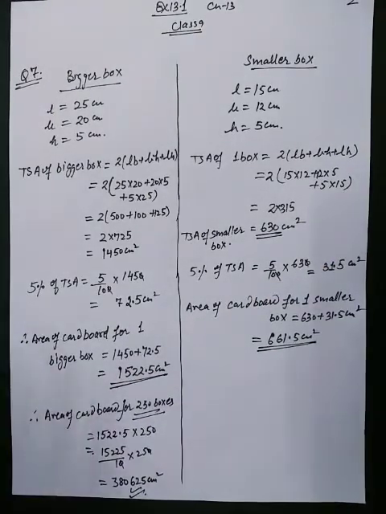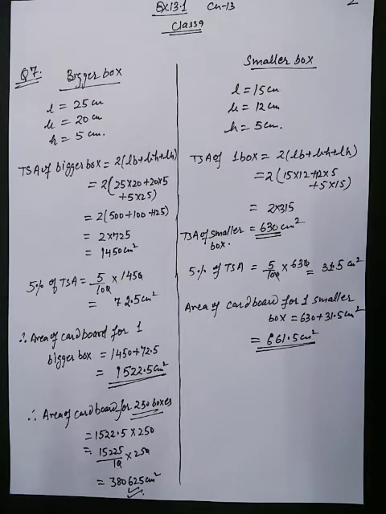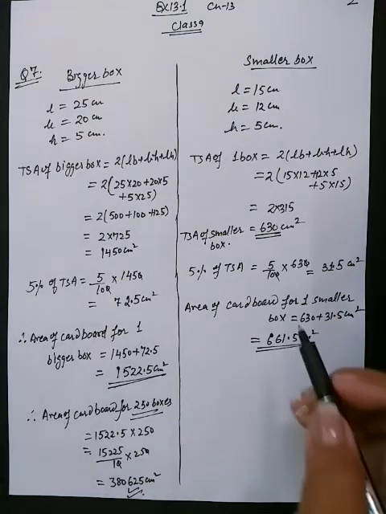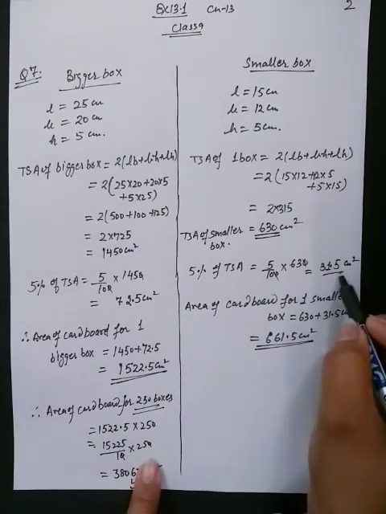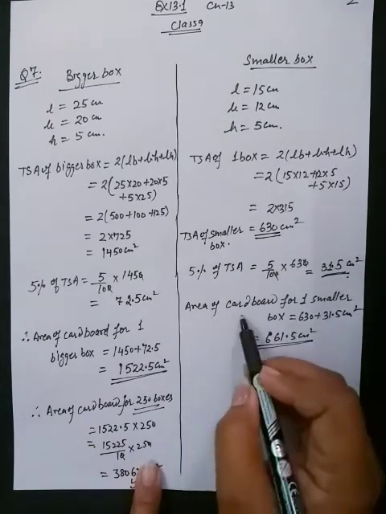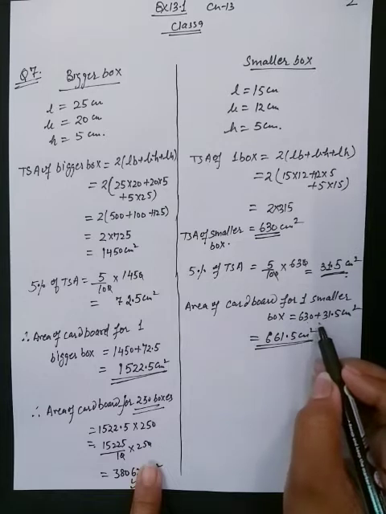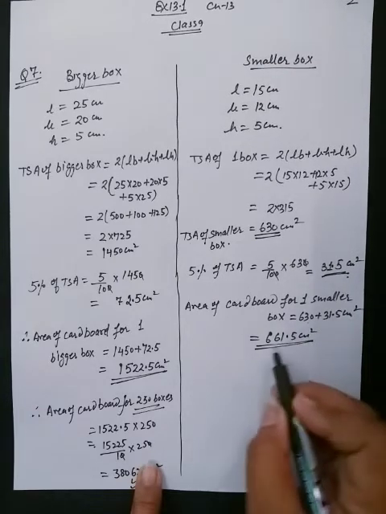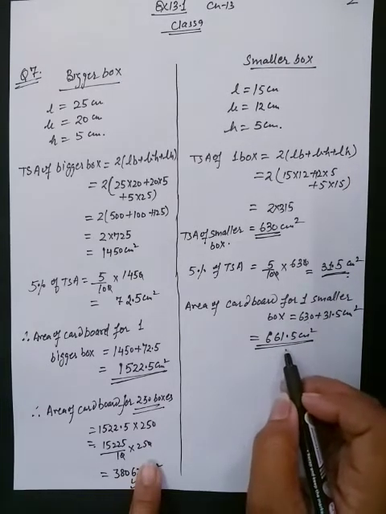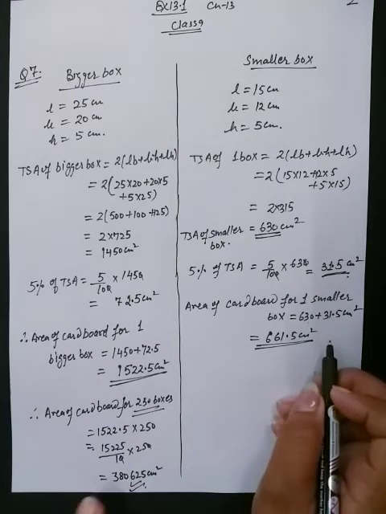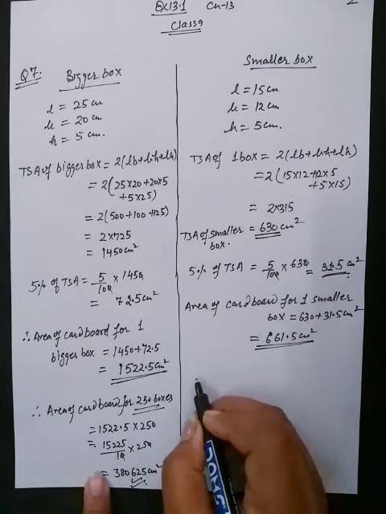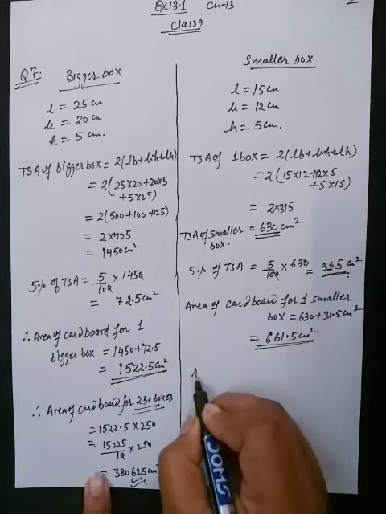Now we need 5% of TSA for overlapping. So 5% of it will be 31.5 centimeter square. So therefore area of cardboard for one smaller box will be 630 plus 31.5, and it will be 661.5 centimeter square.